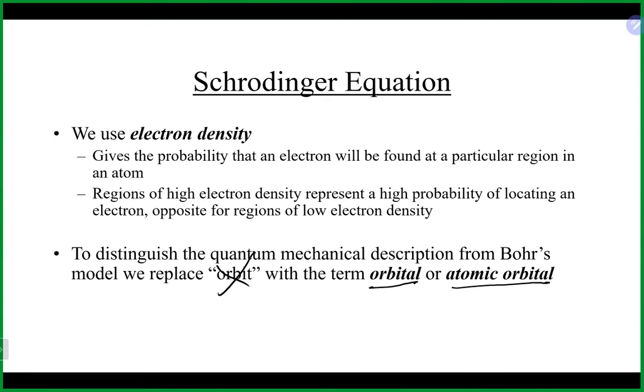As we'll talk about in some slides coming up, there are different types of orbitals: s orbitals, p orbitals, d orbitals, and f orbitals. These are all the atomic orbitals, which again are probability maps of regions where there is a pretty good probability of finding an electron within an atom.